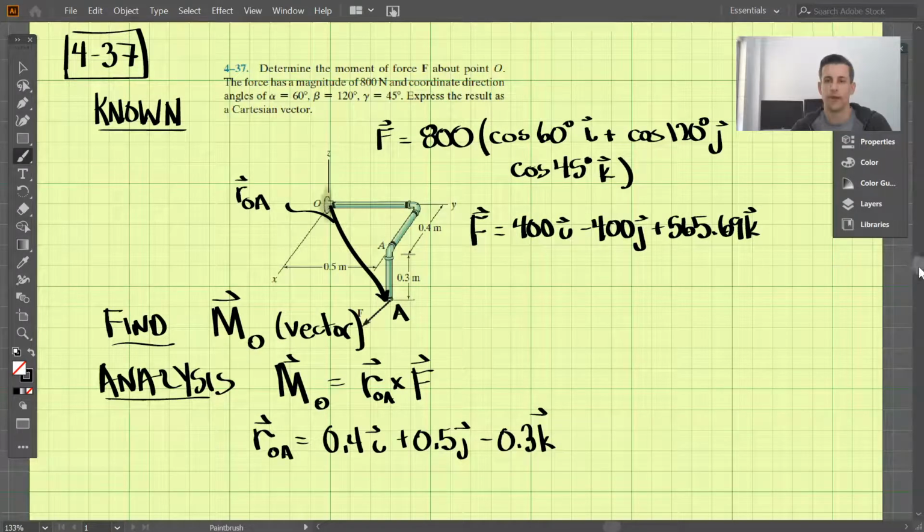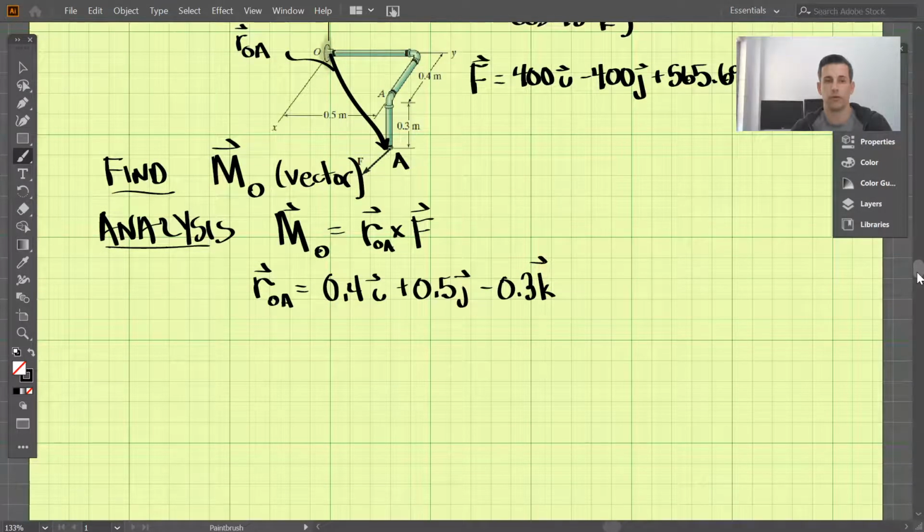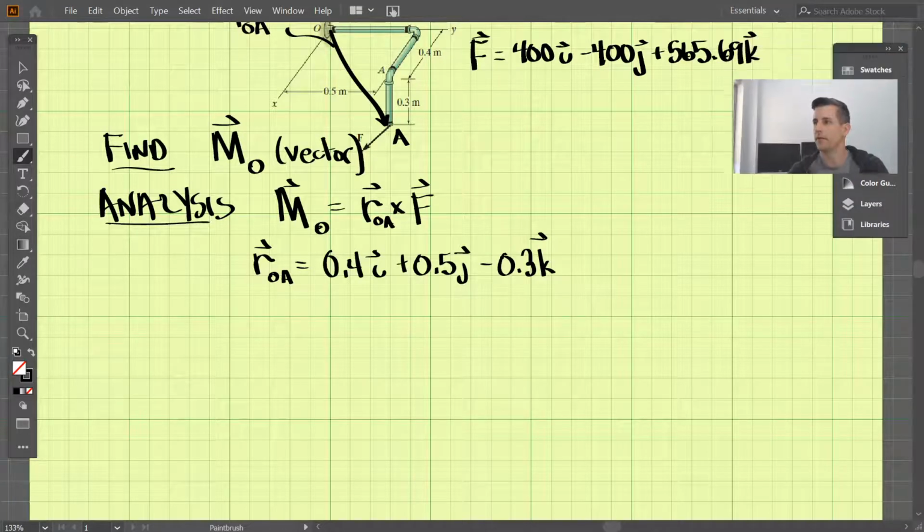All right, now all that's left in this problem is to perform the cross product. Okay, so here we go.